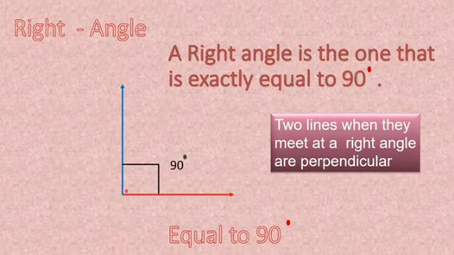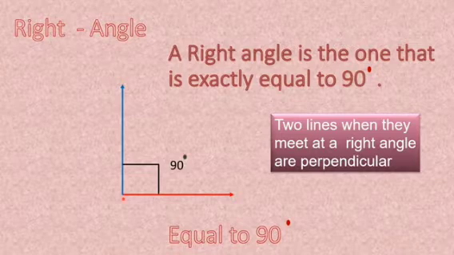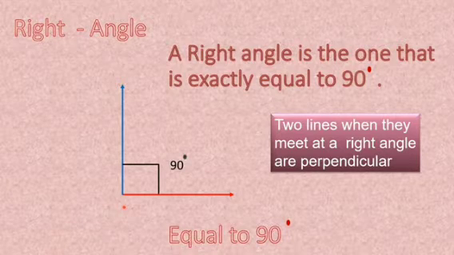Children, if you observe this picture, don't you remember another classification which we dealt with in the previous sessions? Yes, we even discussed perpendicular lines. Two lines, when they meet at a right angle, are called perpendicular lines, correct?